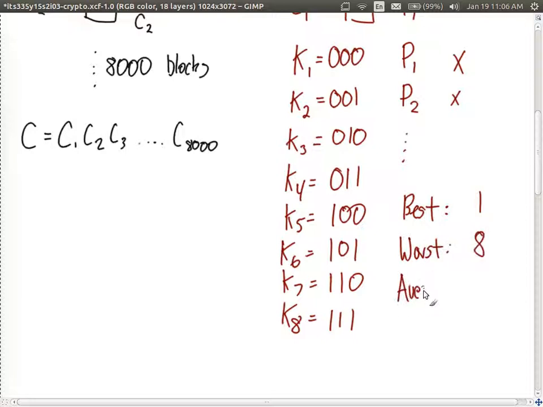The average case, that is, if we did an attack where the user chose a random key and then we did another attack on another key and kept doing that many times, on average, it'll take 4 attempts. Half of the worst case. Because sometimes it takes 8 attempts, sometimes 1, sometimes 7, sometimes 2. If we average all those values, it becomes 4.